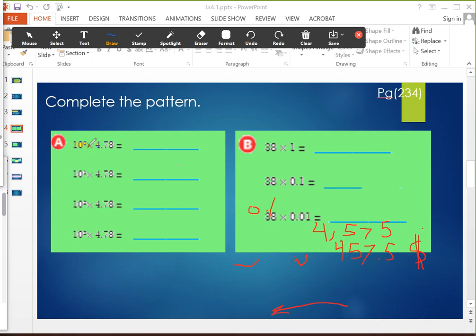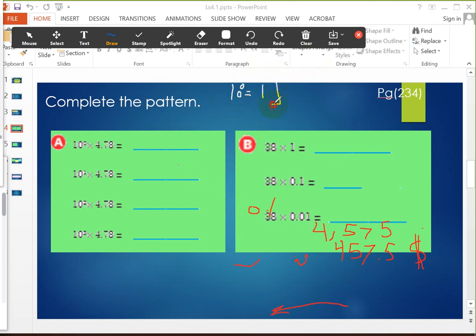Now, so 10 power 0 multiplied by 4.78 hundredths. Okay, you remember I told you 10 power 0 equals what? 10 power 0 equals 1. Thank you, Emma. Excellent. Equals 1. And thank you, Larissa. So, any number with power 0 equals 1.